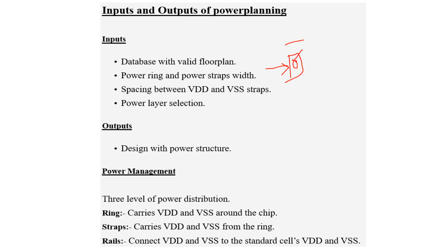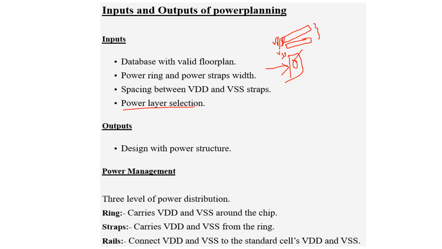If the width is too large, there exists electromigration within your ICs or between your connections. Similarly, the spacing between VDD and VSS: let us say this is your VDD and VSS. How much spacing is to be provided between them? That is also considered as an input during your power planning.